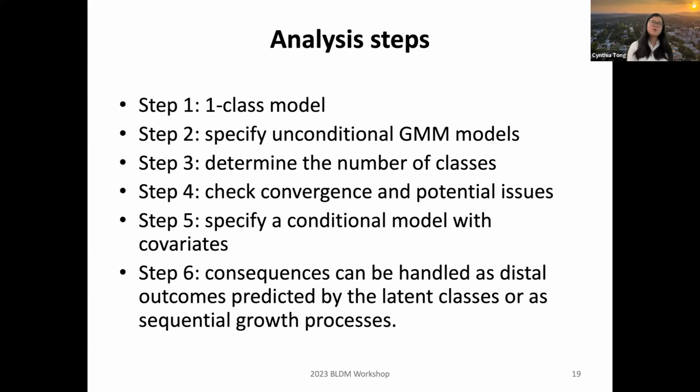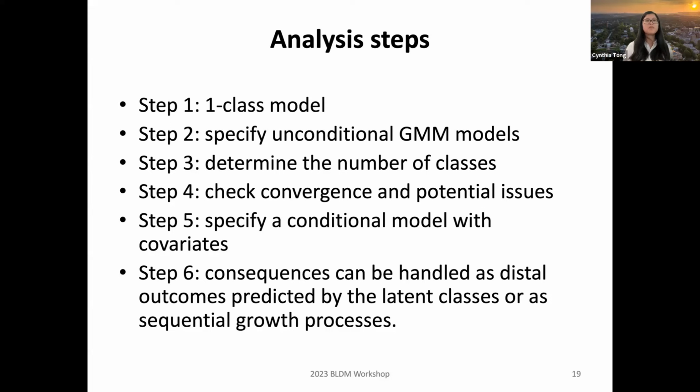So, for example, if we are looking at the cognitive abilities of young children, we may want to know their academic achievement as adolescents. For different classes, we want to know whether different classes may result in different academic achievement skills.